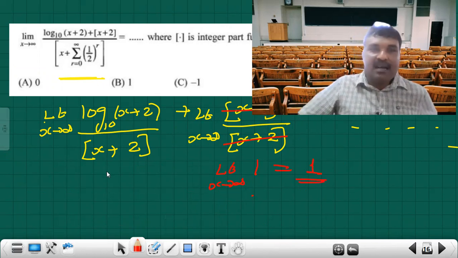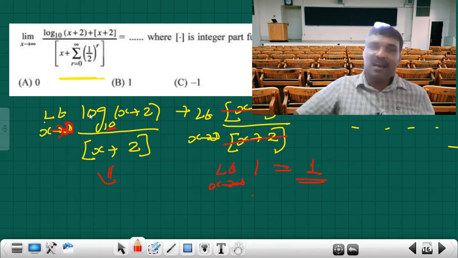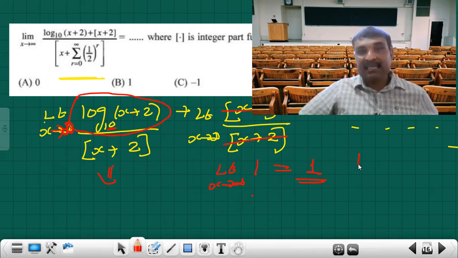Now what is the value of this limit, the log of (x plus 2) to base 10, as x tends to infinity? Suppose x plus 2 is some 10 raised to 6, a large quantity. Then what is the value of log base 10 of 10 raised to 6?